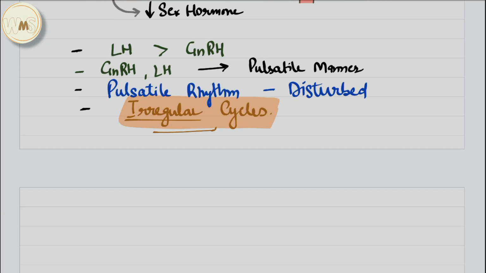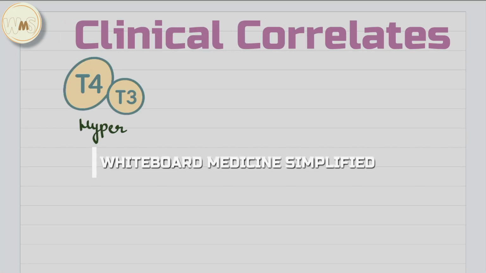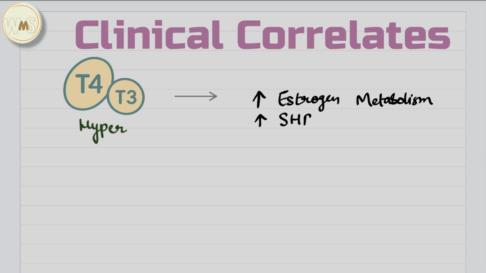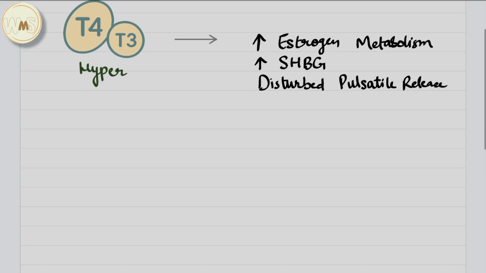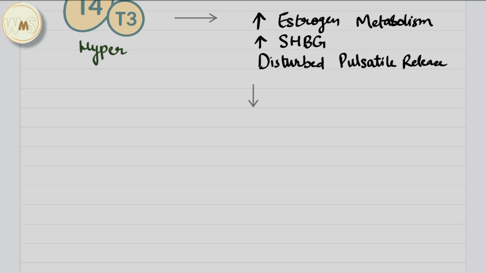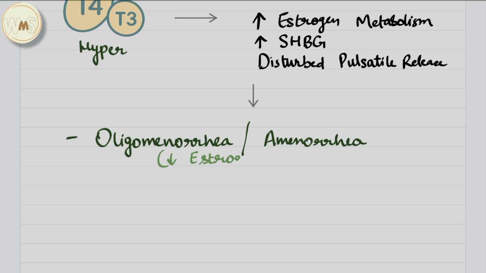So clinically, in hyperthyroidism, because of increased metabolism of estrogen, there is increased production of sex hormone binding globulins, which decreases the free estrogen level despite high total estrogen level. Also in hyperthyroidism, there is disturbed pulsatile release of GnRH and LH, which causes irregular cycles. This results in oligomenorrhea and amenorrhea because of decreased estrogen level and disturbed pituitary axis.